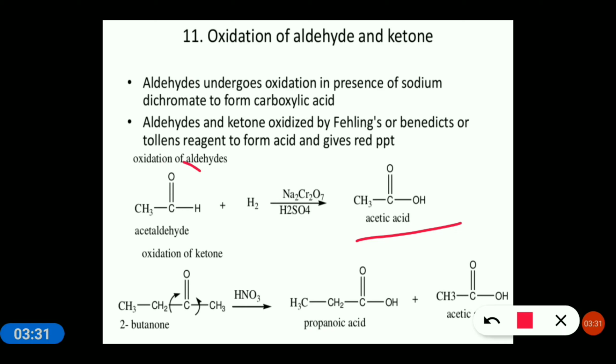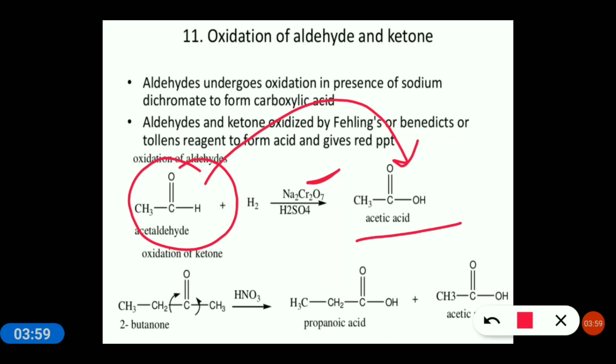So they are oxidized by strong oxidizing agents or by other oxidizing agents like bromine water, copper ion, silver ion, etc. In short, aldehyde can be oxidized to carboxylic acid by mild or strong oxidizing agents.